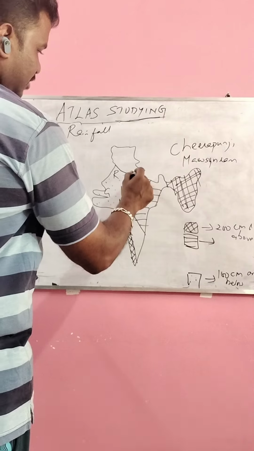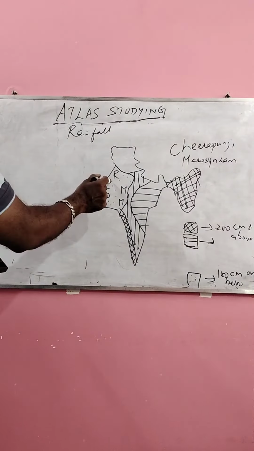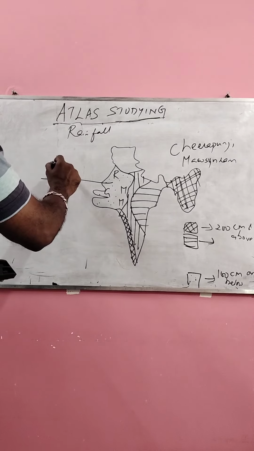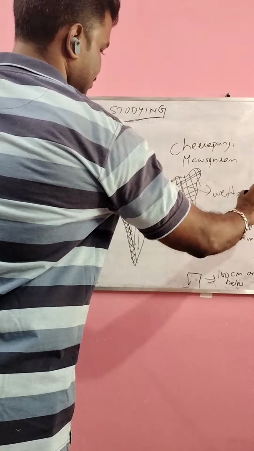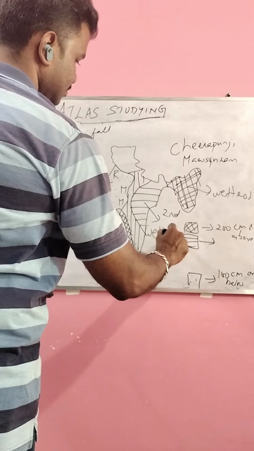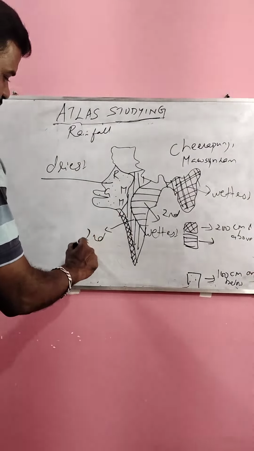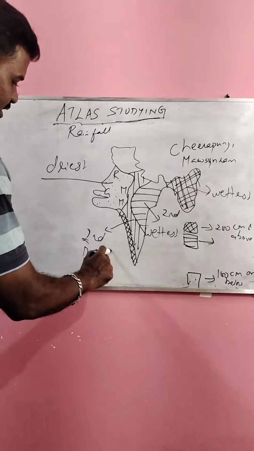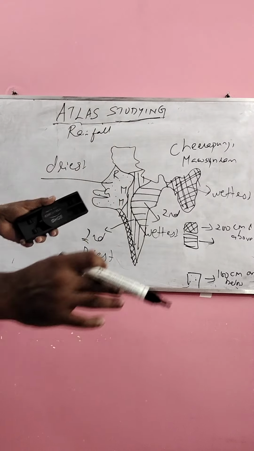This region is mainly left out, is it not? Okay. So this is the driest. This is the wettest. This is the second wettest. Okay. This is the second driest. The region surrounding the driest is the second driest. Okay, if you cover like this, it will be very easy.